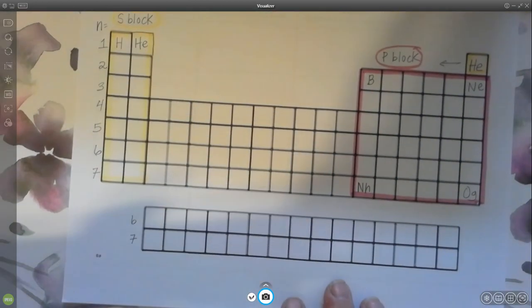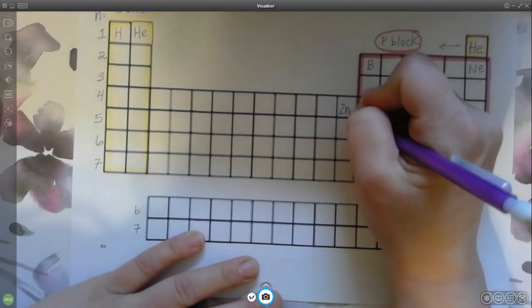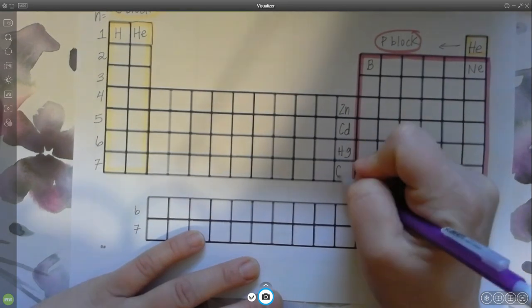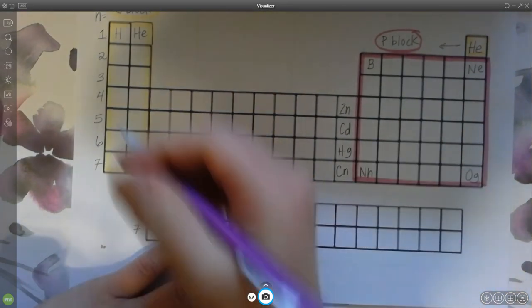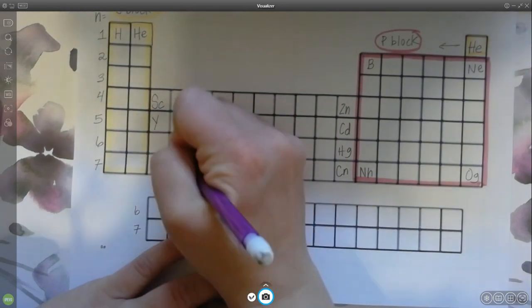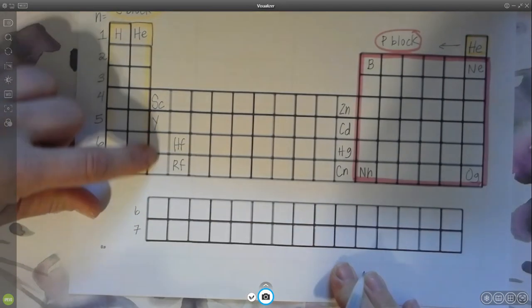Okay, next we're going to show where the D block is. And I like to mark these elements over here. I'm also going to mark these: Sc, Y, Hf, and Rf. Now notice I left a space here.